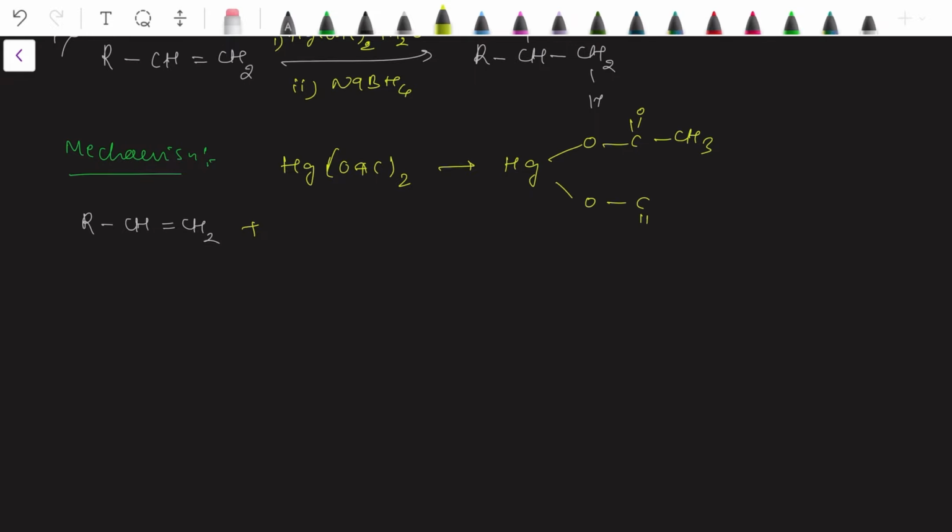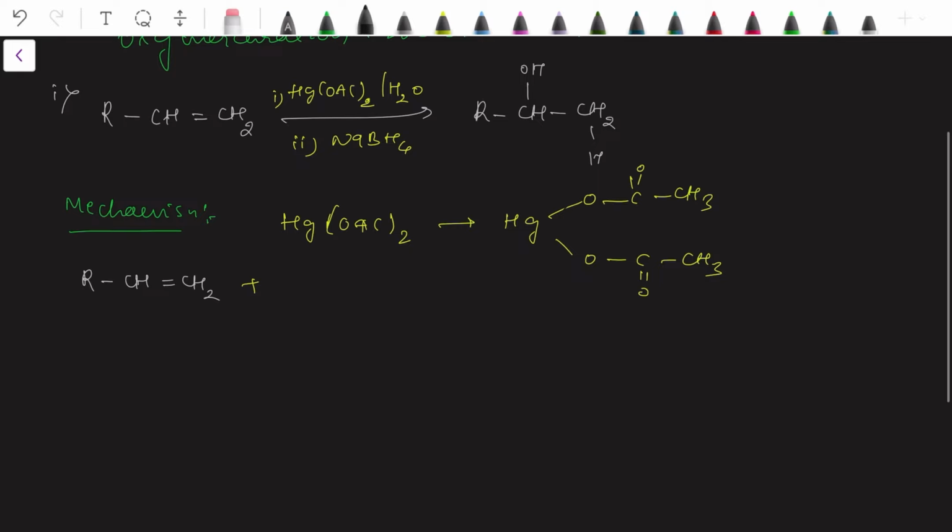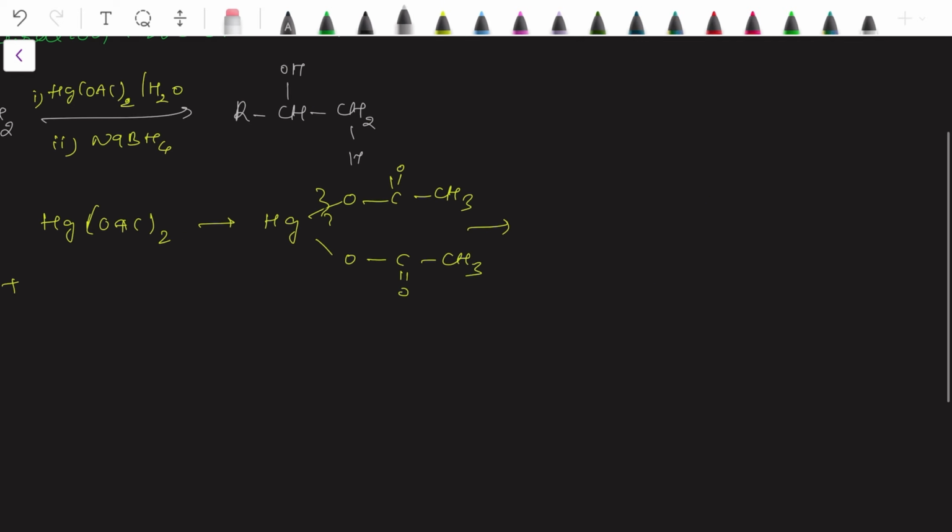Here I am trying to dissociate this bond, then it is going to break. I shifted the electrons this way, so oxygen will get a negative charge. We get acetate plus the electrophile, mercuric acetate, that is HgOAc.